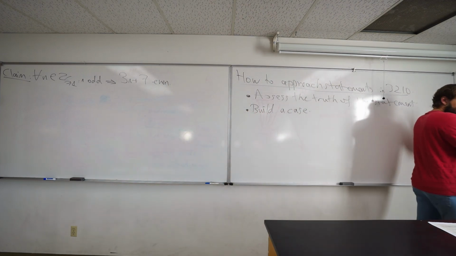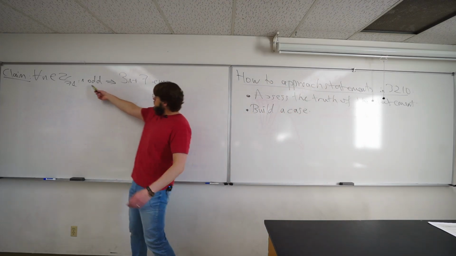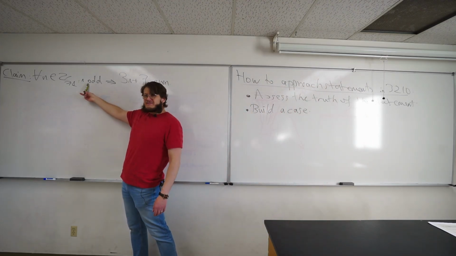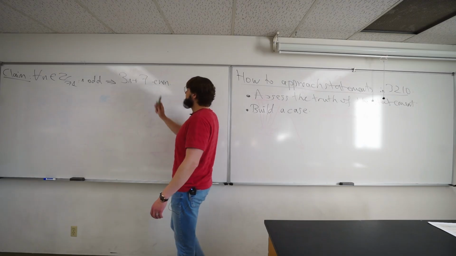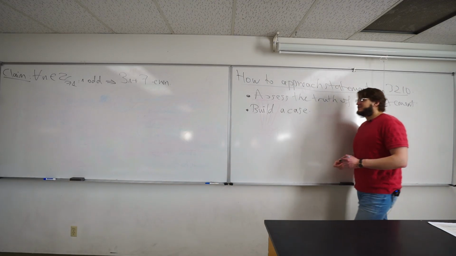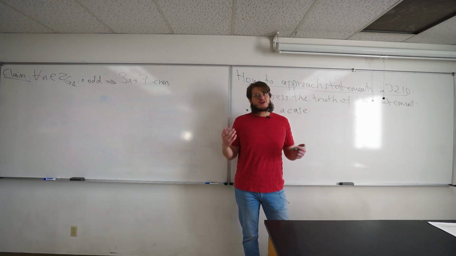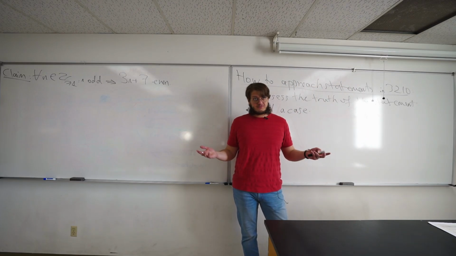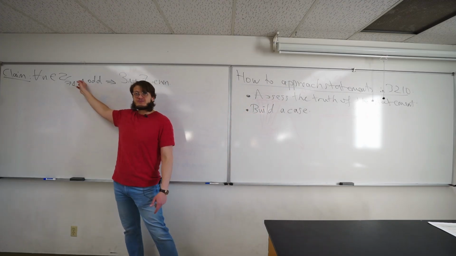Now, just because you figure out, for instance, if you're trying to prove this, what if n were 5? Then 3n plus 7 would be 15 plus 7, which is what? 22. Oh, that's even. Okay, so that would be part of building a case. That's not a proof. The statement is not saying anything specific about the number 5.